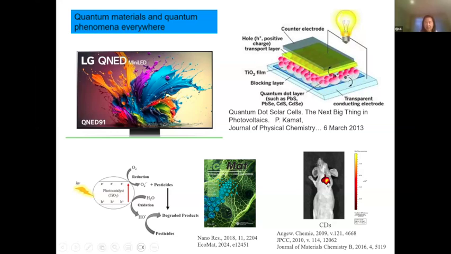But here, we probably need to pay attention to this 2013 paper on the quantum dot layer, where they were talking about lead sulfide, lead selenide, cadmium selenide, cadmium sulfide, all these heavy metal-containing quantum dots. But the photovoltaics application is established.